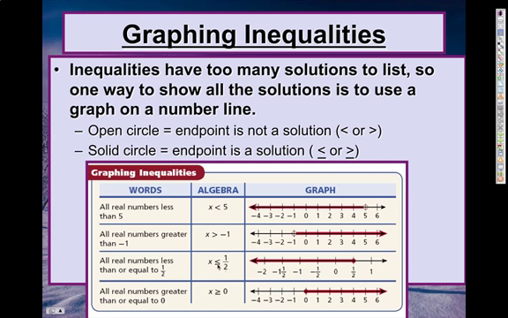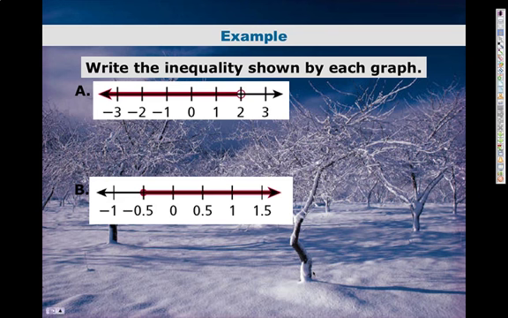Since it has that equal to, that means the endpoint is also a solution, so it's a closed circle or solid. So we would put a solid circle, and it's less than or equal to, so it's everything to the left. And right here, this is x greater than or equal to 0. So we would have a closed circle on 0 and everything to the right. So these are some examples of what you're going to be doing in this chapter. So let's actually practice writing some basic inequalities.